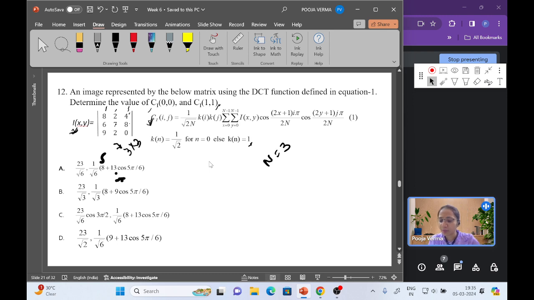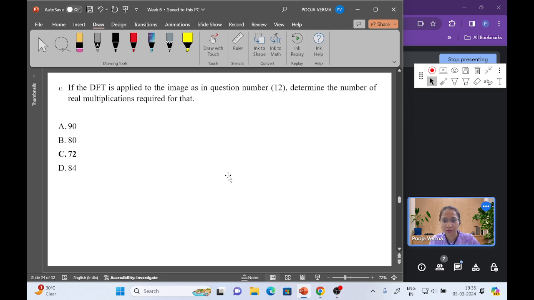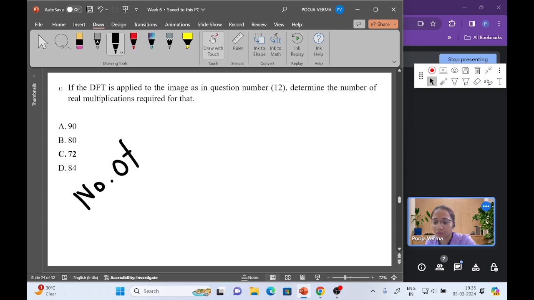The number of real multiplications required in DFT, I'm writing in short form, is 4n square, right, for real multiplication.